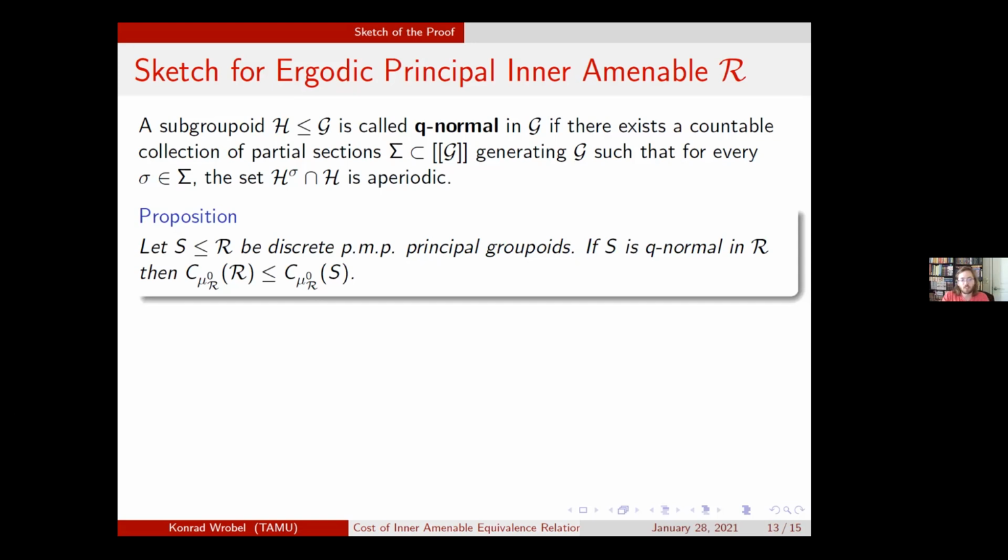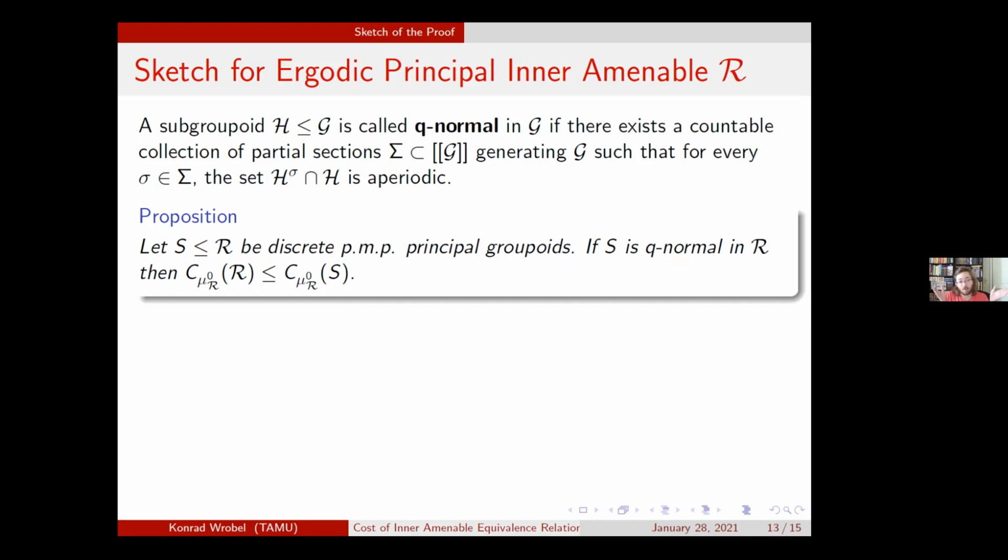So the important thing is looking at conjugates of the subgroupoid and asking whether, for a large collection of partial sections, the conjugate of the subgroupoid intersected with the subgroupoid is large, is aperiodic. It has infinite orbits, every single orbit infinite. These are all different ways to say it.